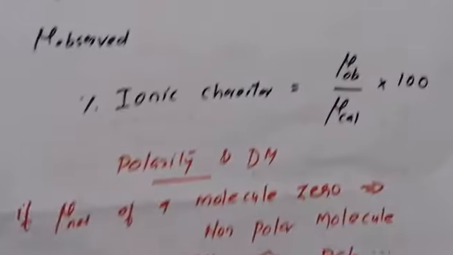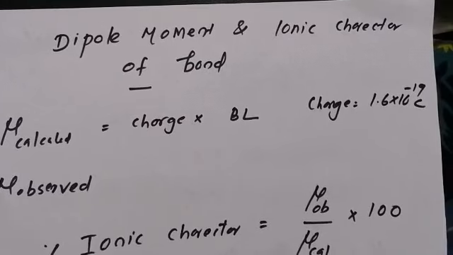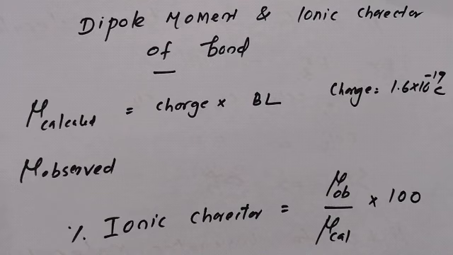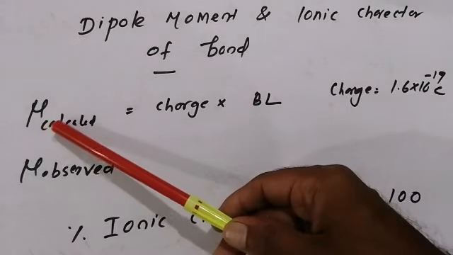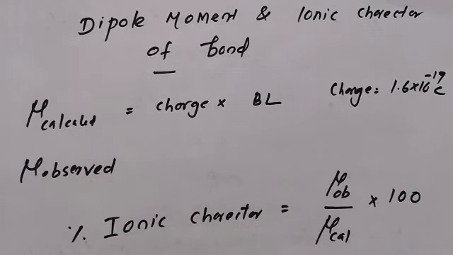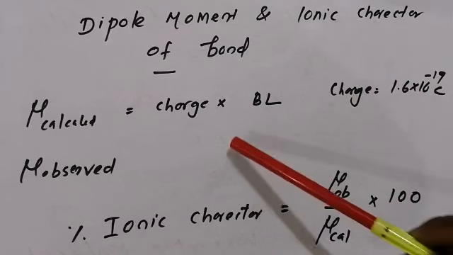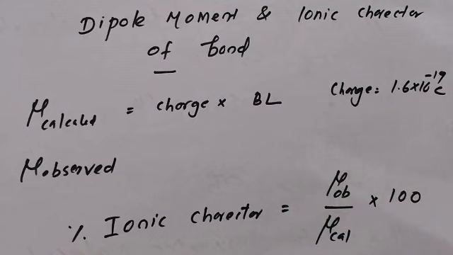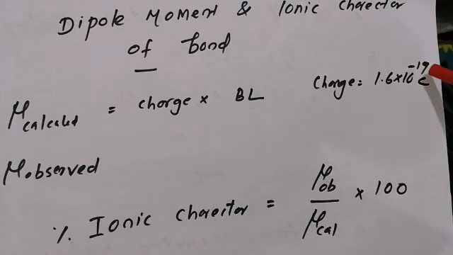Now the next topic is dipole moment and ionic character, the ionic character of a bond. We have two dipole moments: mu calculated and mu observed. Mu calculated means you calculate the dipole moment using the equation, charge into bond length. The charge is taken as 1.6 into 10 raised to minus 19 coulomb.